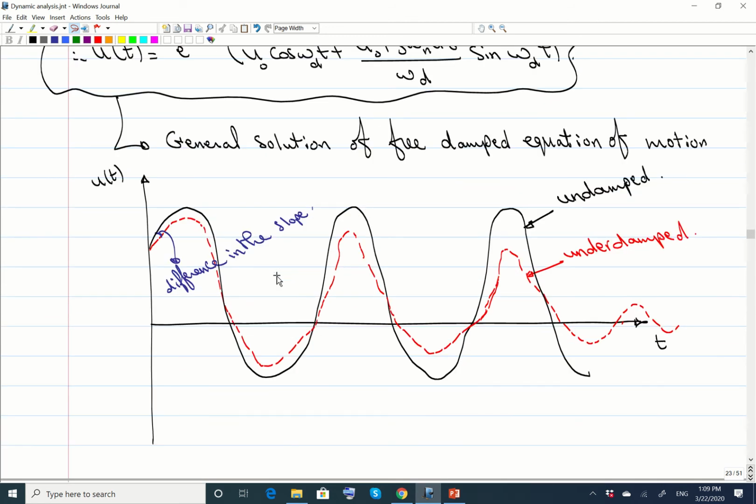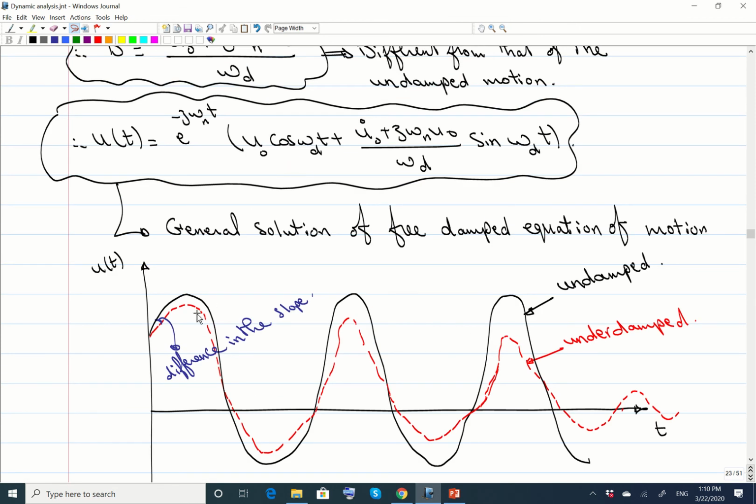Okay, so let's compare the damped solution with the undamped solution. Okay, so the undamped is an oscillation to infinity. The amplitude here doesn't decrease from one cycle to another. The first difference here, okay, it's this term that will cause the amplitude to decrease each time.